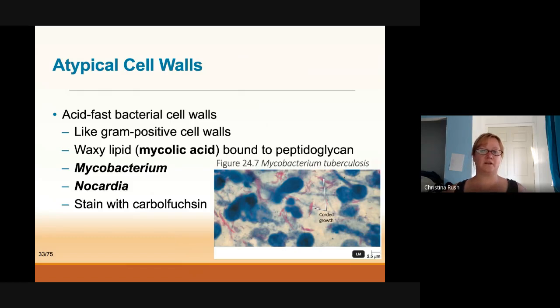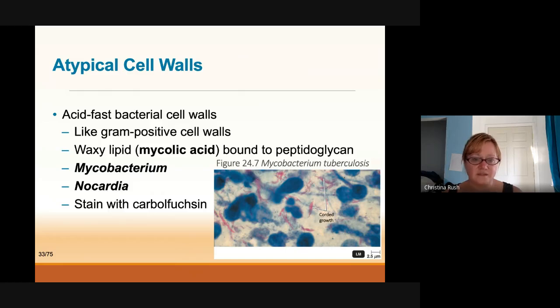Okay, so here we are looking at the atypical cell walls. As I kept mentioning earlier, we have a couple of outliers for this bacteria peptidoglycan blanket statement. And these are our acid-fast bacterial cell walls. They are kind of like gram-positive cell walls in that they have a lot of their particular chemical component stacked together.